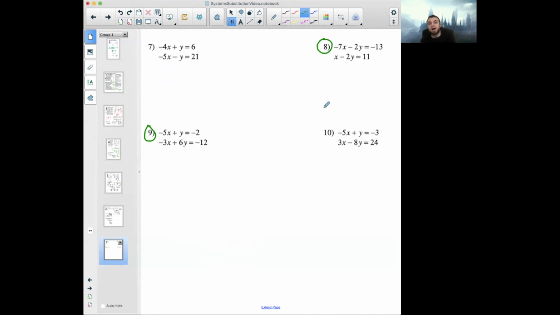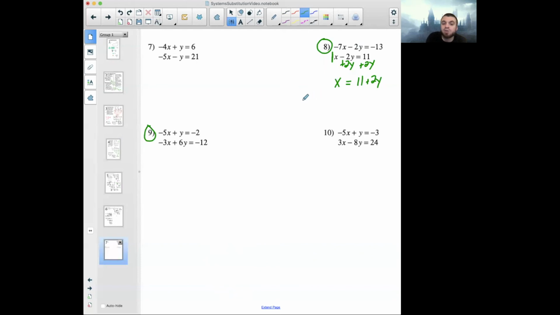So I'm going to go to the bottom because I see that x has a 1 in front of it. This means that it's going to be easier to get that one alone. So I'm going to add 2y on both sides, and that's going to give me x equals 11 plus 2y.